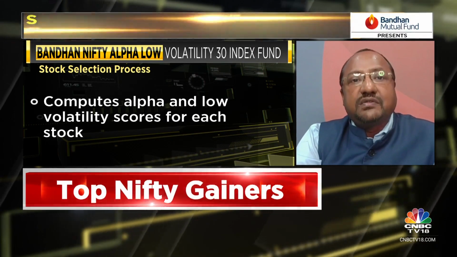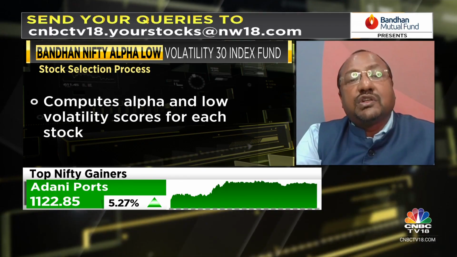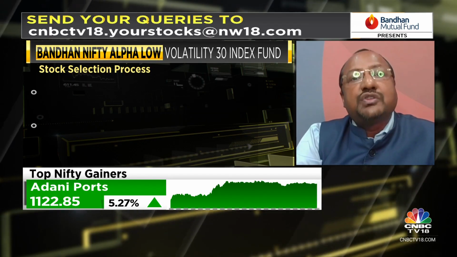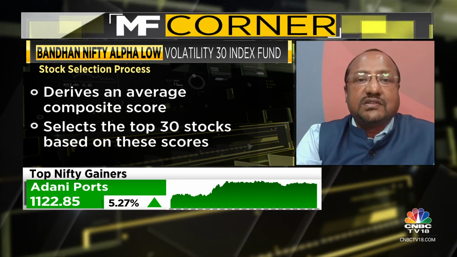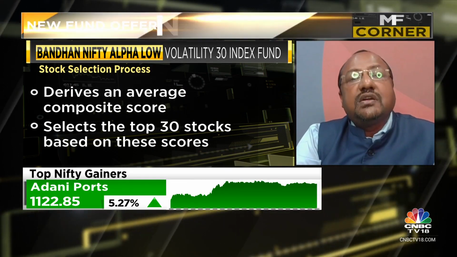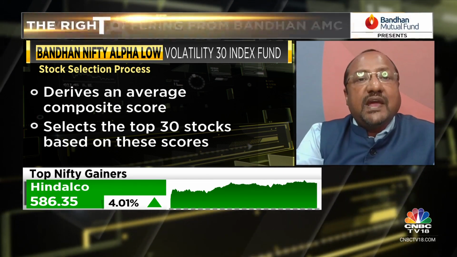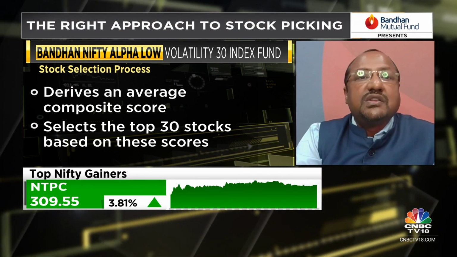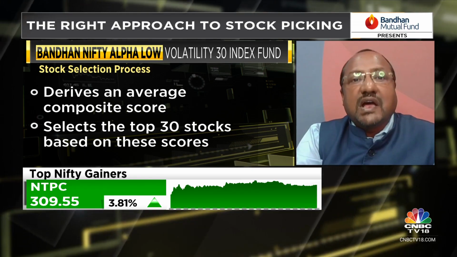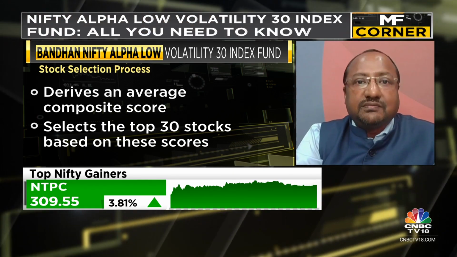Then a composite score is derived, and from that score, the top 30 stocks are chosen to create this index. This index is rebalanced semi-annually. Therefore, what we get is a very balanced strategy focusing on risk as well as optimizing return.